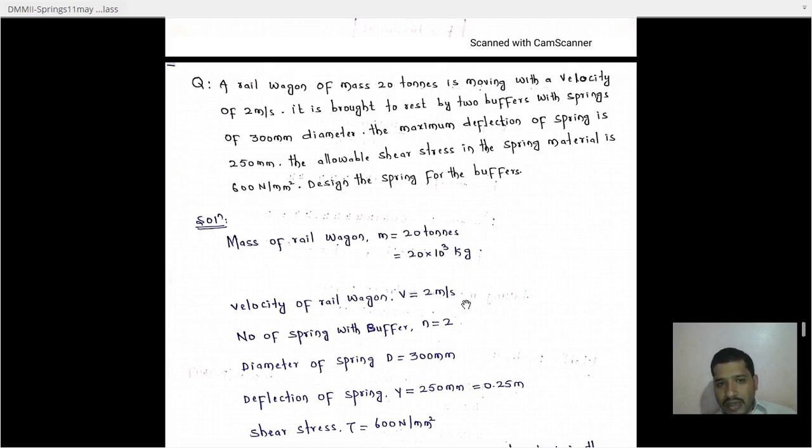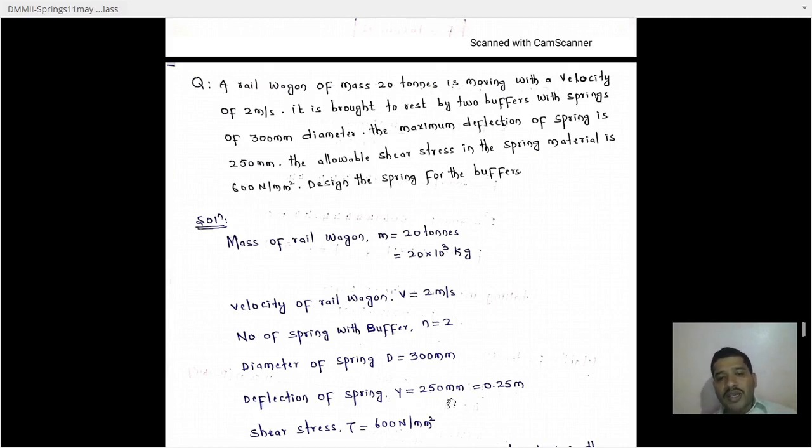It is brought to rest by two buffers with a spring of 300 mm diameter. The diameter of the spring is given as D equal to 300 mm. The maximum deflection is represented by Y equal to 250 mm.